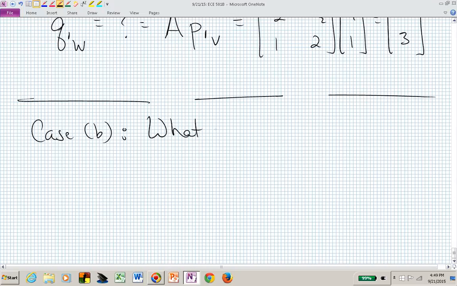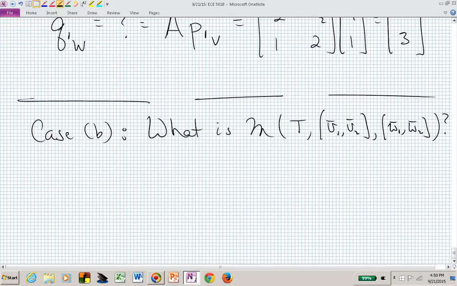Where now what is the matrix representation of T when our basis for the domain is the V barred basis, and the basis in our codomain is the W barred.